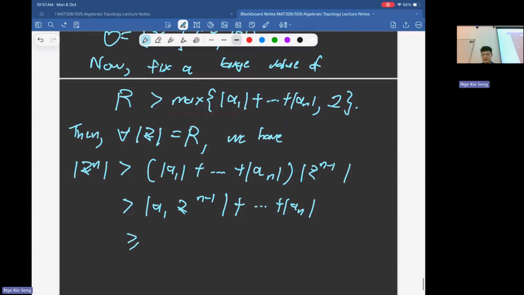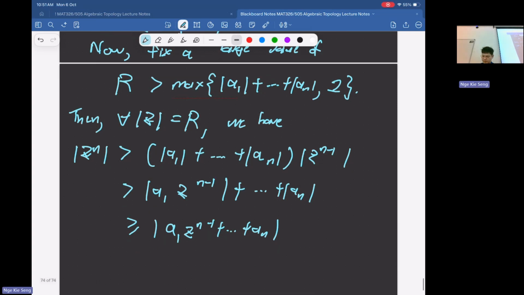Finally we can compare with this polynomial.